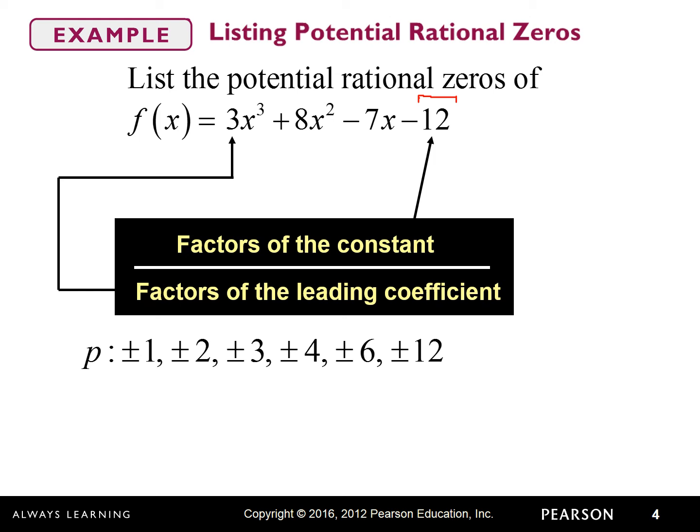There won't be as many numbers that go into 3, just 4 integers: 1, negative 1, 3, negative 3. Well, what we do is make all possible fractions of numbers from the P list over a number from the Q list.